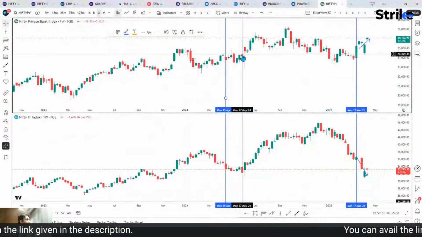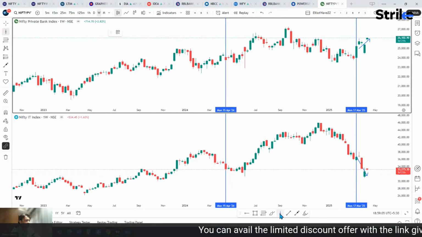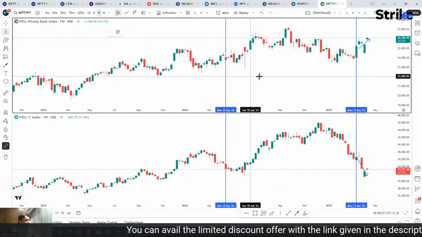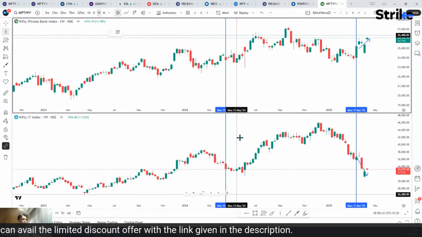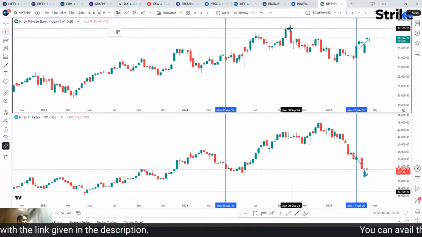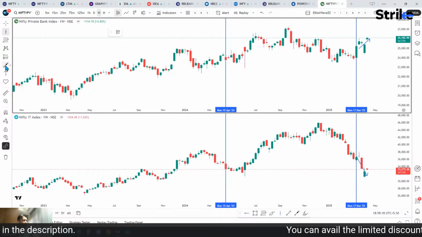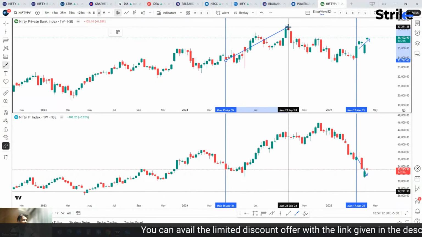So private bank from 15th of April, let's take 1 year, 15th of April 24 to 15th of April. It's almost one year, or at least a few months. Private bank from here has touched a high over here.